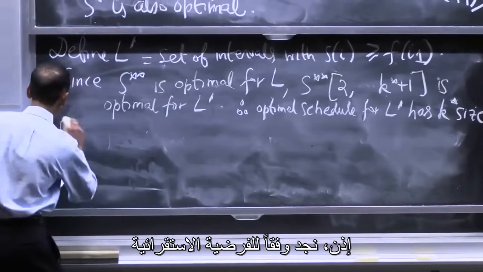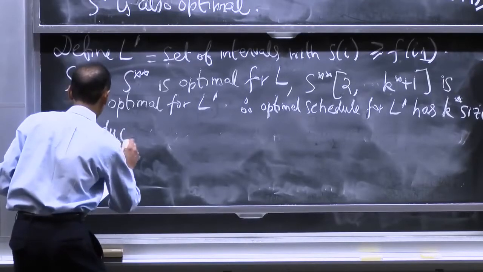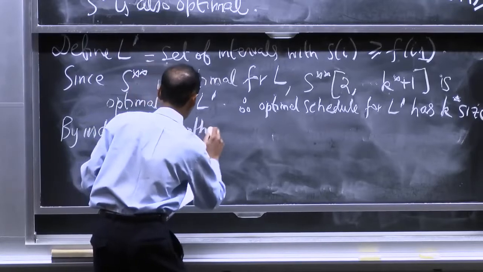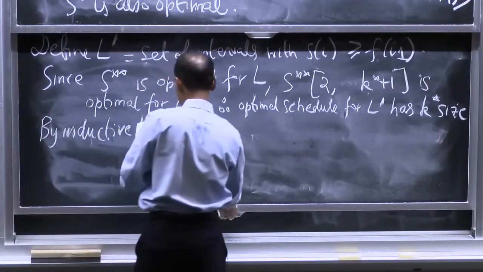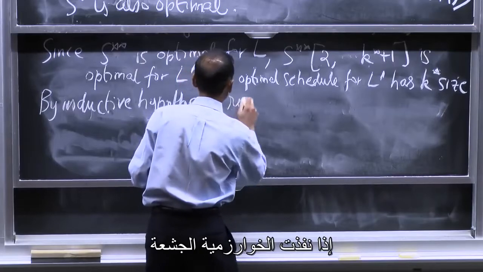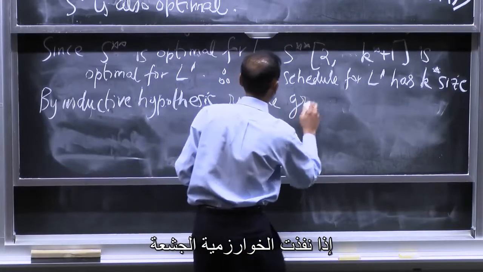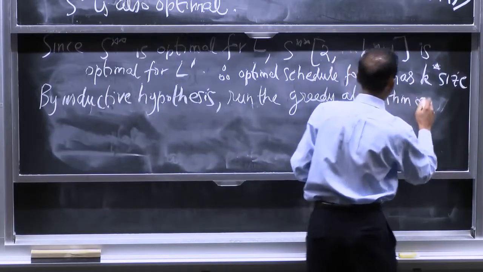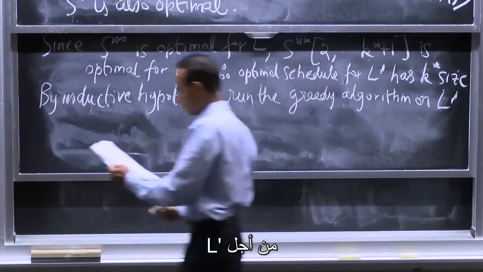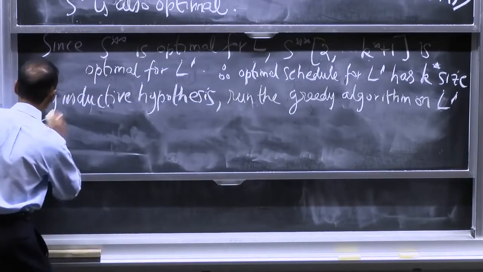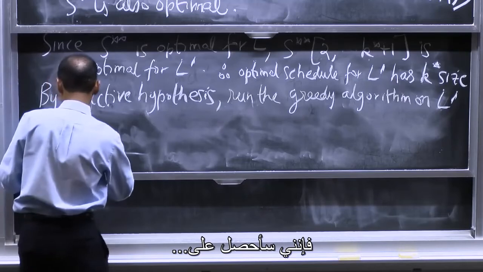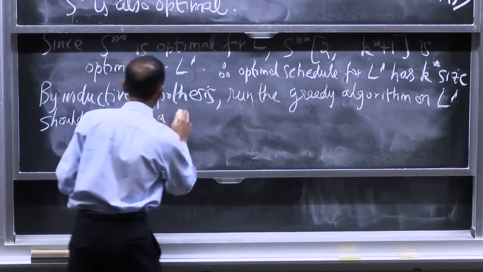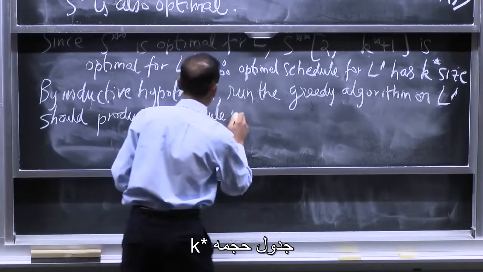And so by the inductive hypothesis, when I run the greedy algorithm on L prime, I'm going to get a schedule of size k star.